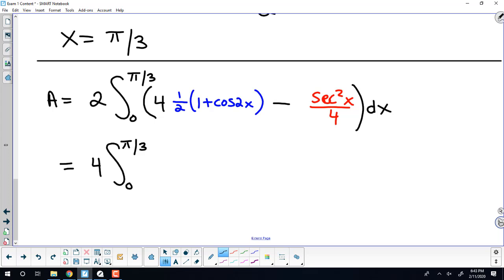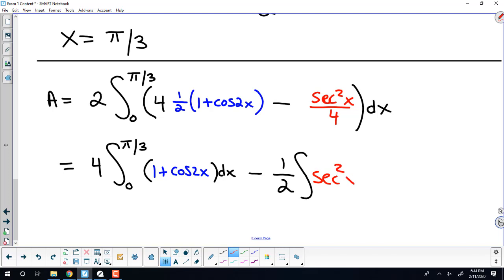I guess you don't have to break it up really, but this first one, and then for the second one, we got a half. So I would take this 1/2 out in front. It's minus 1/2 secant squared. Yeah, same balance here. So that's kind of what it would look like. Does that help?